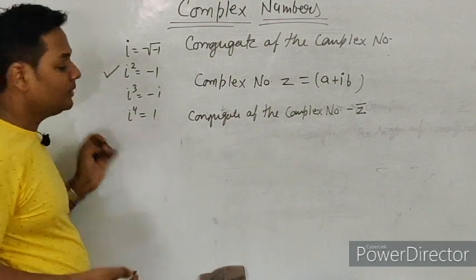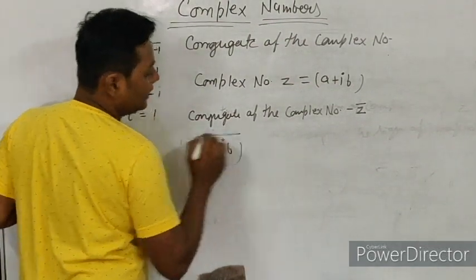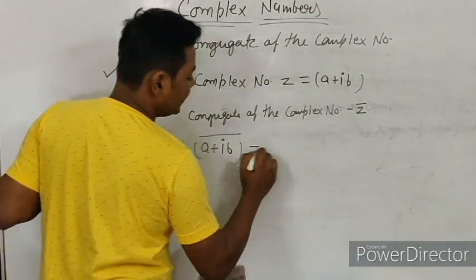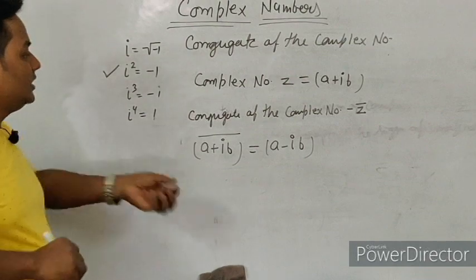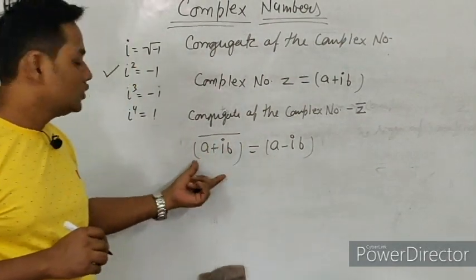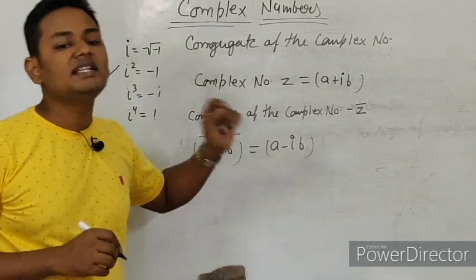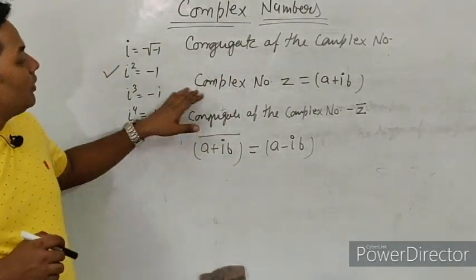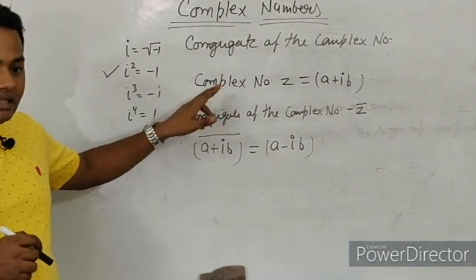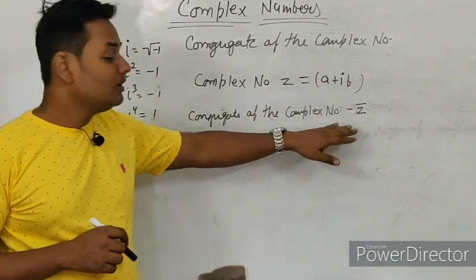So what is the example? If you take the bar of a plus ib, then you will get a minus ib. This is the conjugate of the complex number. So what is the difference between them? The sign of the imaginary number.